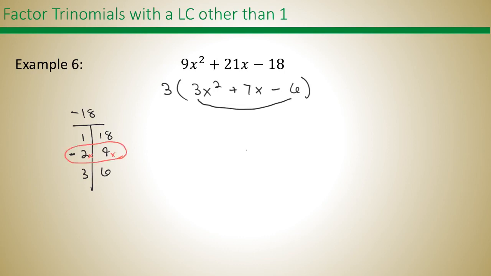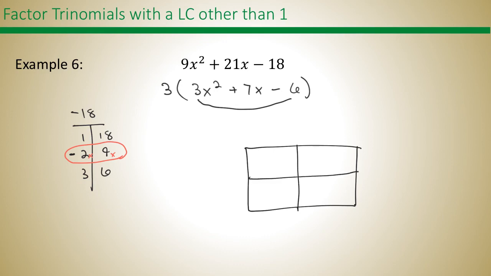Okay, so again, let's put this thing in a box. So we're going to have 3x squared, negative 6 down here, and then negative 2x and 9x. So look at these two, they can both be divided by 3, and they both have an x. So you're going to have 3x here, okay? For these two, they can both be divided by 2.